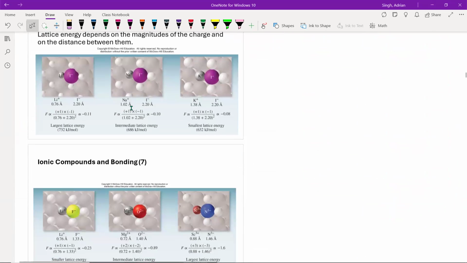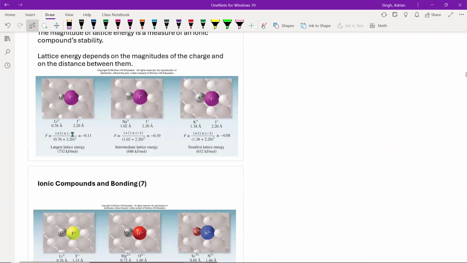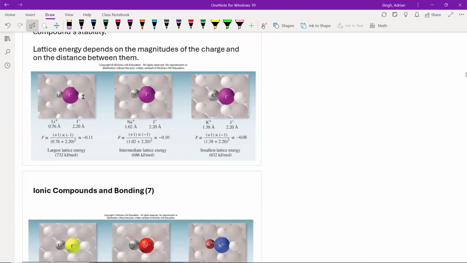I think your book does a really good job of illustrating the differences between some similar examples. So here it's breaking down the lithium iodide, sodium iodide, potassium iodide. Here, the common thing is the iodide ion. The difference here is the size of the ion. As you go down the group, the size of the ion increases.